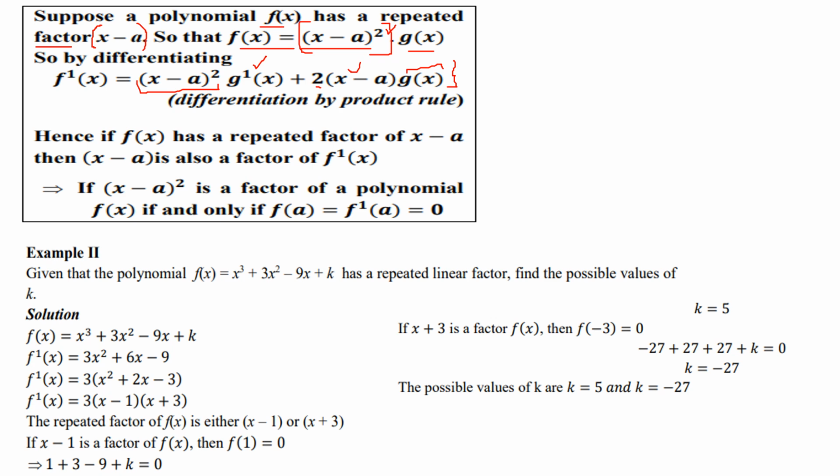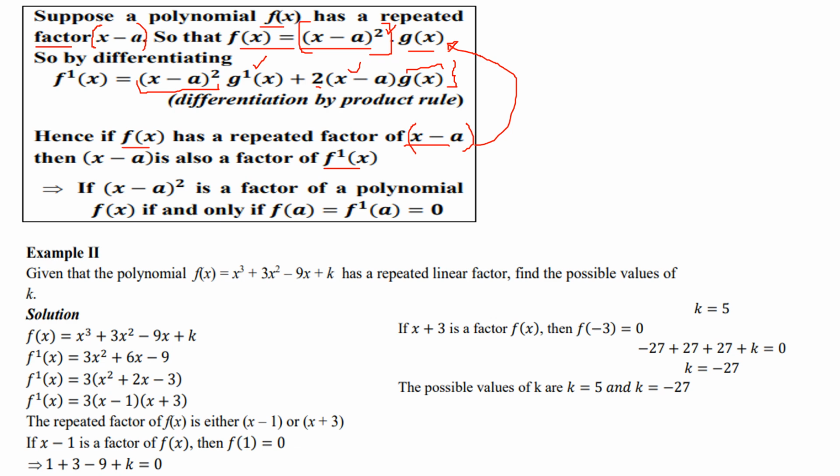So always remember that. Hence, if the polynomial function of x has a repeated factor, and I've told you that you can recognize a repeated factor by seeing a squared superscript on the divisor, then we are concluding that if the polynomial function f of x has a repeated factor, and that repeated factor is x minus a, then x minus a is also a factor of its derivative.